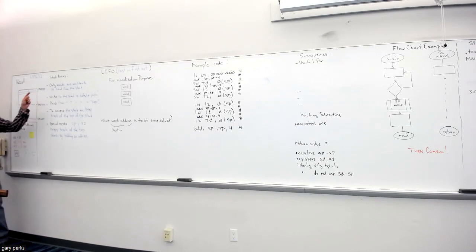However, like we said before, we only read or write words to the stack. So even though it's byte addressable, we never write or read a half word or a byte. It's always a word.